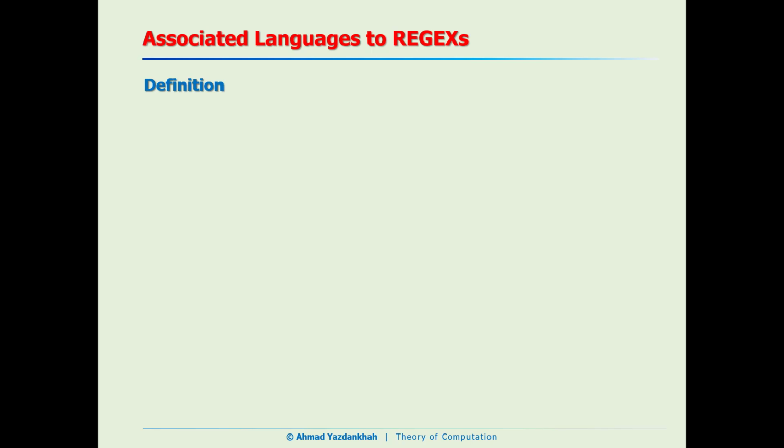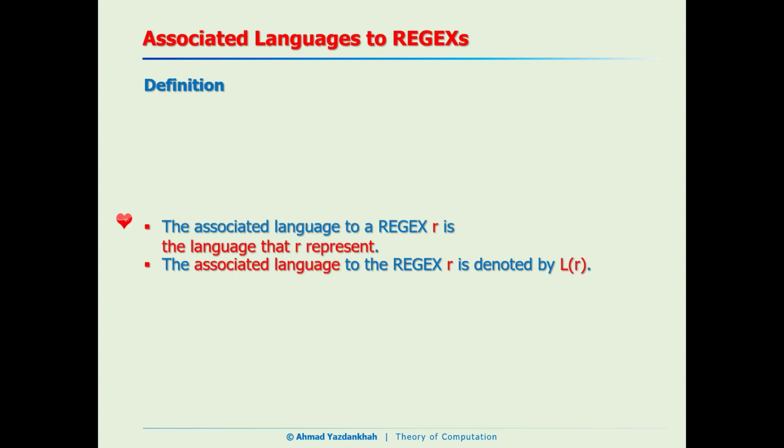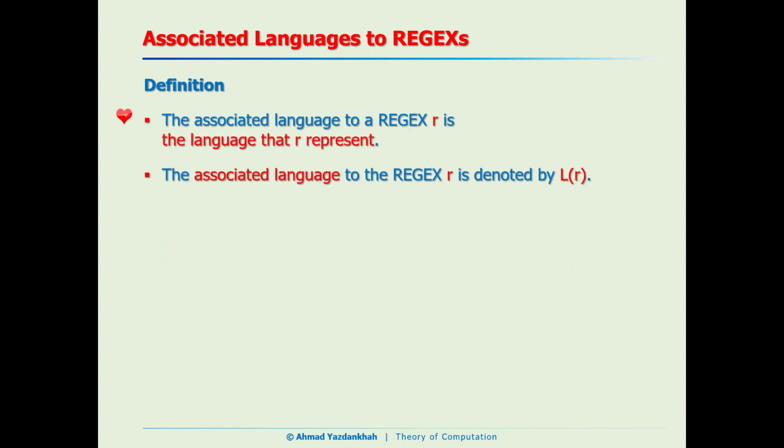And for the regexes, it is reasonable to say that it is whatever it can represent, right? So we define the associated language to regexes as the language that the regex represents, and we denote it by L of R, if R is the given regex.